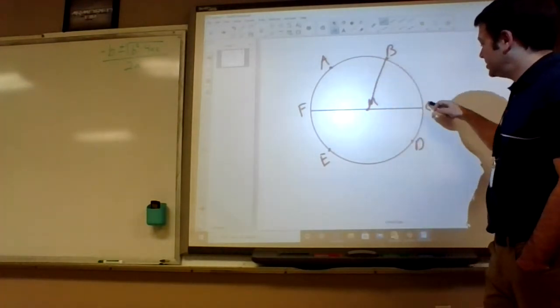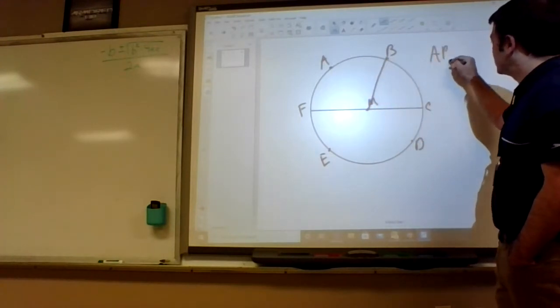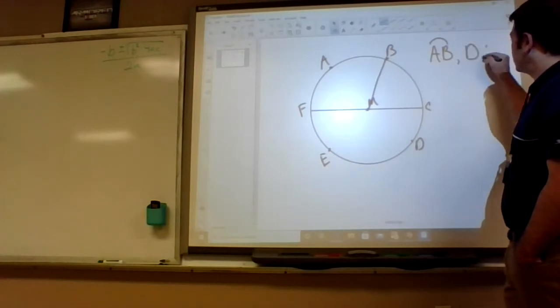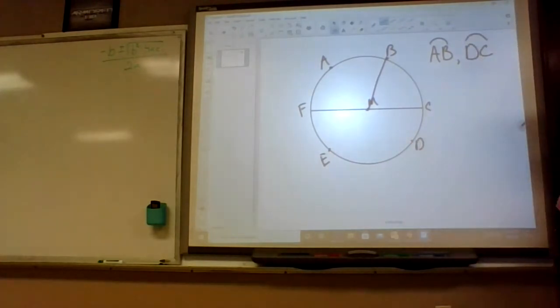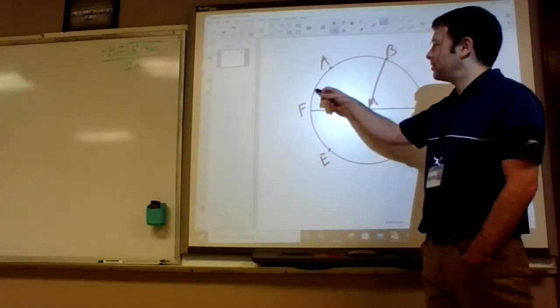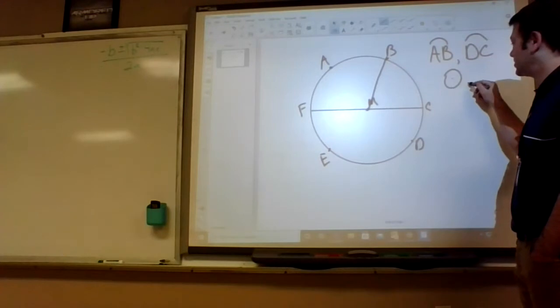DC, AB, BC. Right, all those arcs. Could just E be an arc if it goes all the way around? No. If you want to say the whole circle, you would just say circle M, and by the book's definition, that would be an arc.